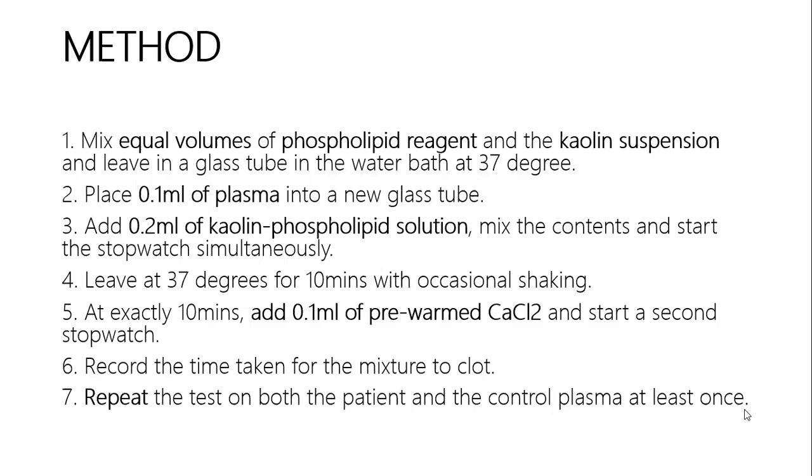So basically, we perform APTT on the control, and also on the sample of the patient, and we do the procedure twice on both samples. So we have two APTT results for the patient sample, and two APTT results for the control plasma.